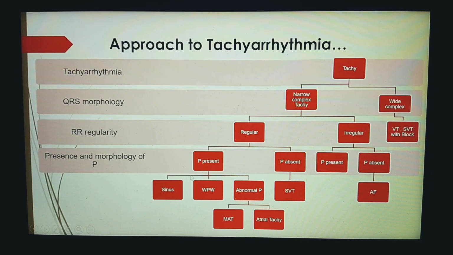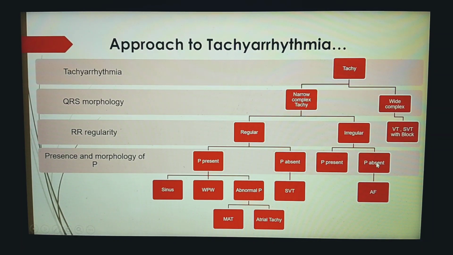this slide is very important for diagnosis of any tachyarrhythmia. I repeat again, especially for narrow complex tachycardia. Narrow complex tachycardia, P wave absent, regular, then we should suspect supraventricular tachycardia.